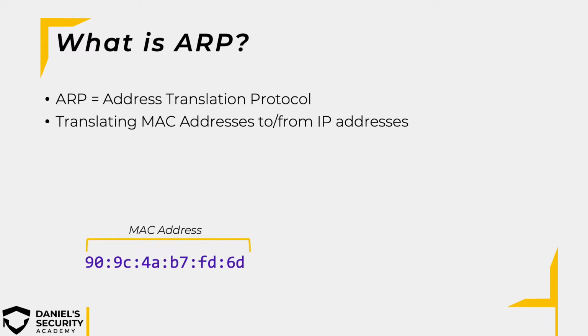So pretty much from MAC, like I put the MAC address of my computer here, and I just came up with a fictional IP address in the private IP space. And this kind of translation back and forth is done via ARP.